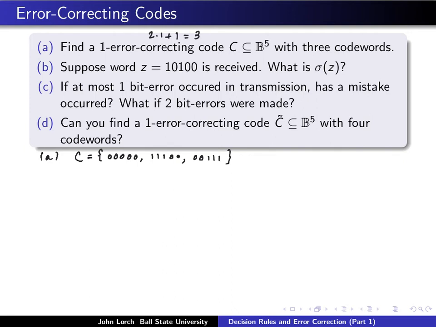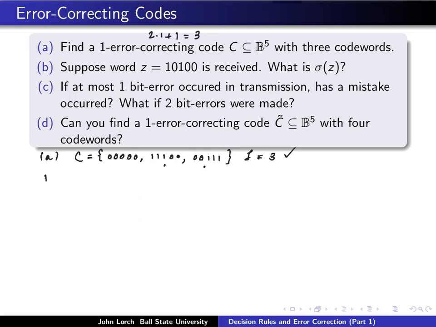And then the only question is whether these two code words are of distance at least 3 apart. And indeed they are. In fact, they differ everywhere except in the third slot. So here, the minimum distance delta is equal to 3. And that's good enough, according to the previous theorem, to give us an error correcting code.